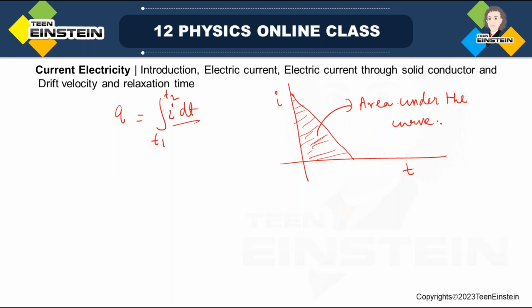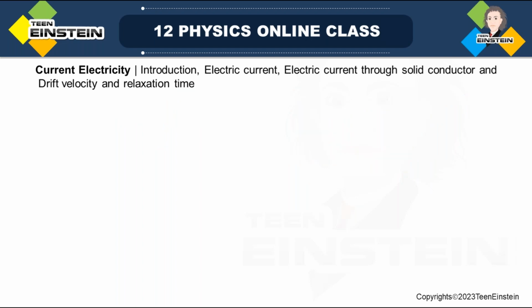So here there is a simple numerical problem. We'll just do it. Current passing through a wire, or a conducting wire anyway, decreases linearly.